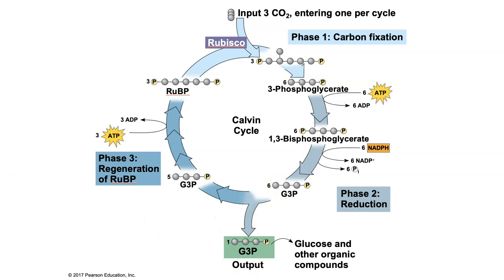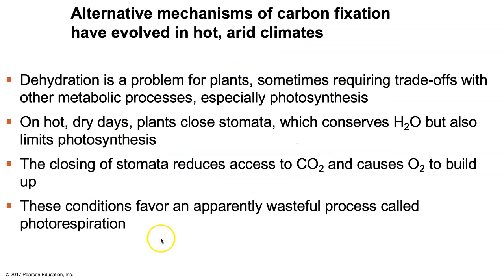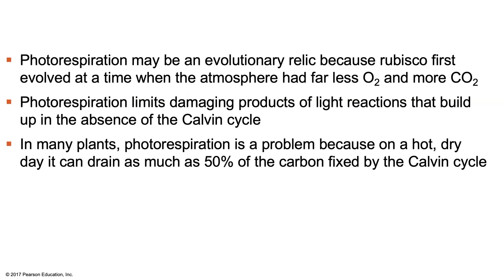So this process, photorespiration, is pretty wasteful, and they believe that it came about during a time when the atmosphere had far less oxygen gas and more carbon dioxide. So then photorespiration, when they close their stomata, they're able to conserve any oxygen gas that they did have, and they really didn't need that much more carbon dioxide for themselves.